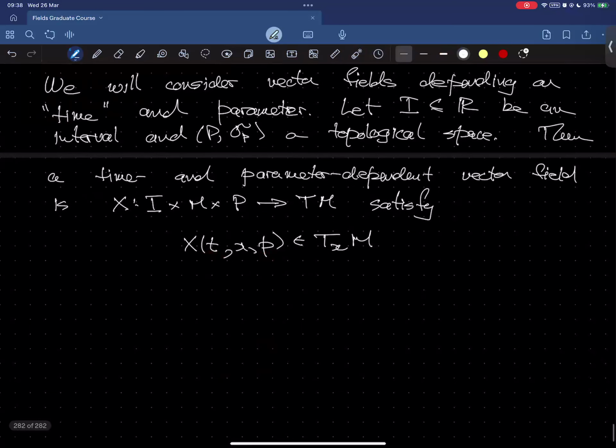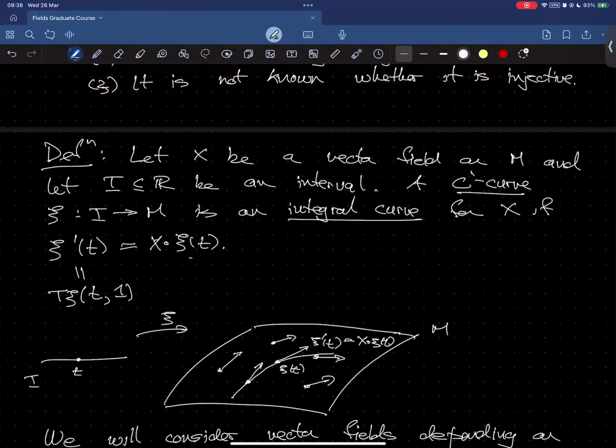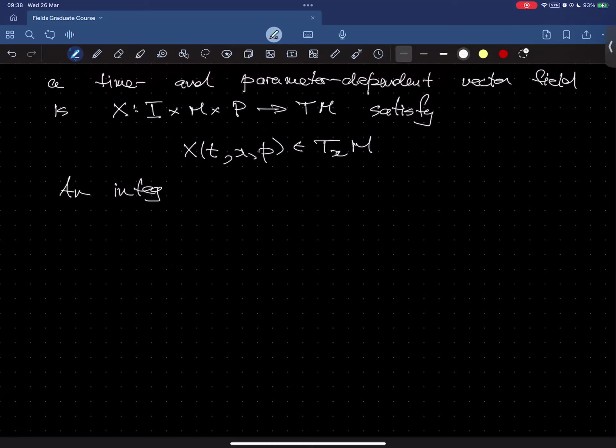And so then an integral curve. I'm going to adapt this definition of integral curve from above in a fairly obvious way to time and parameter dependent vector fields.